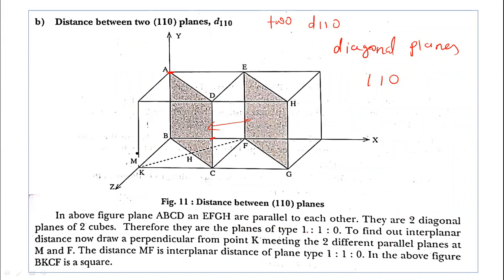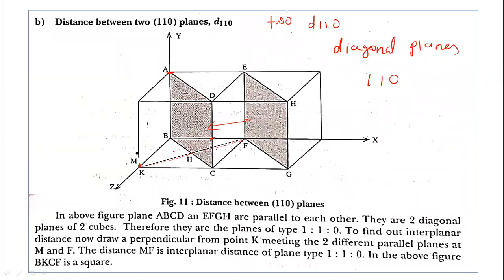To find the interplanar distance now, draw a perpendicular from point K. See now this point K, and we have to draw the perpendicular from point K meeting the two different parallel planes. This is one parallel plane and this is another parallel plane.